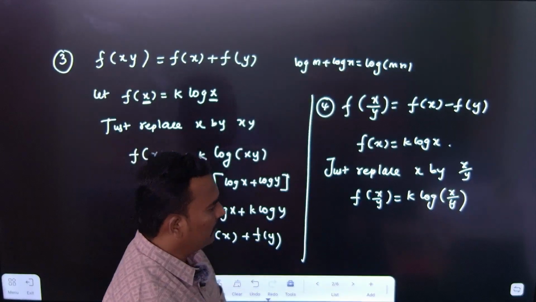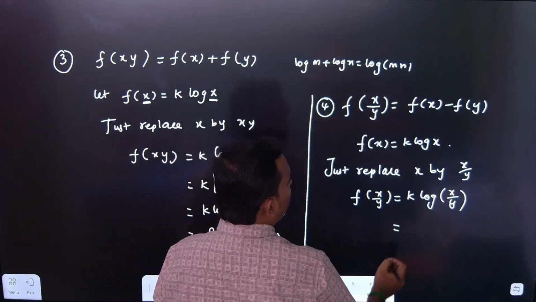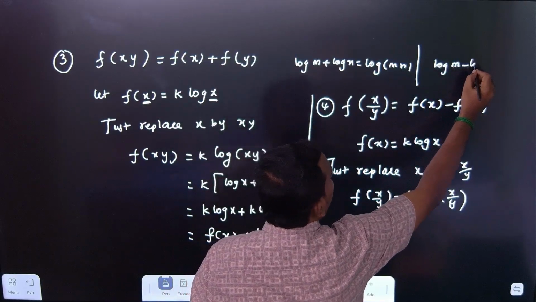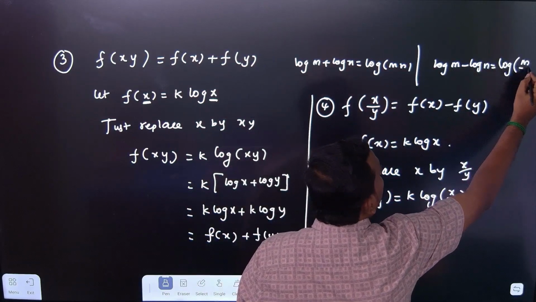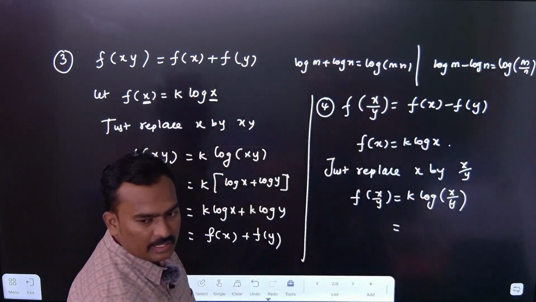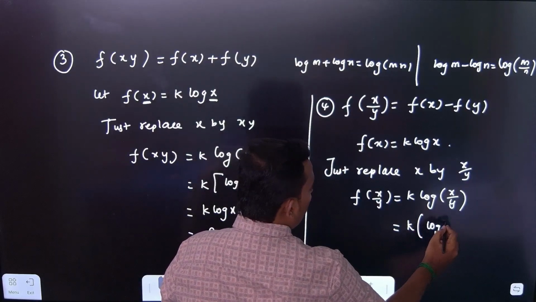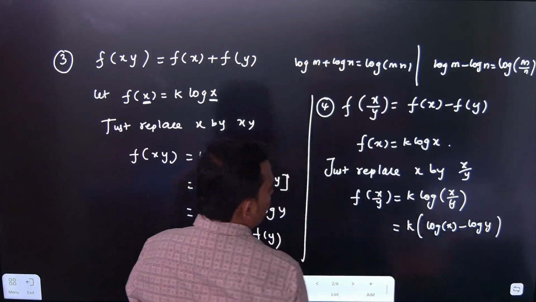Now you can see the ratio quotient form is there, right? Then you can use this log m minus log n. How to write? Log m by n, right? You can use this idea. Then k times, so log x minus log y we can write.